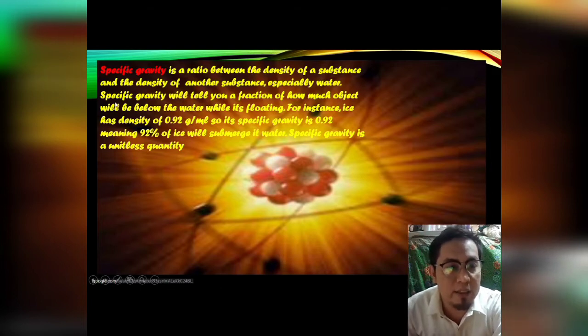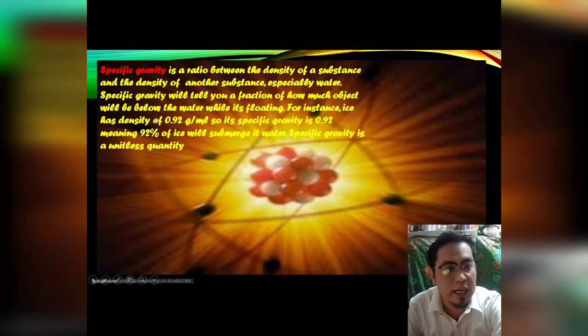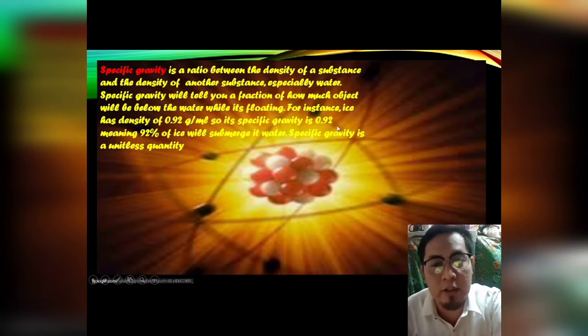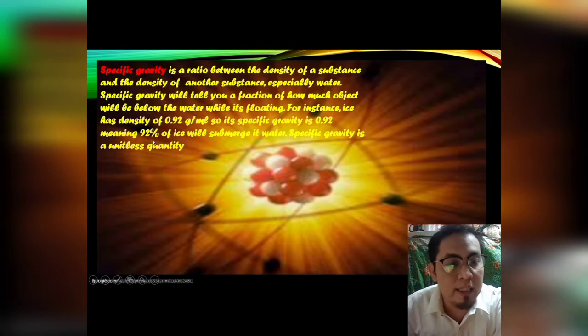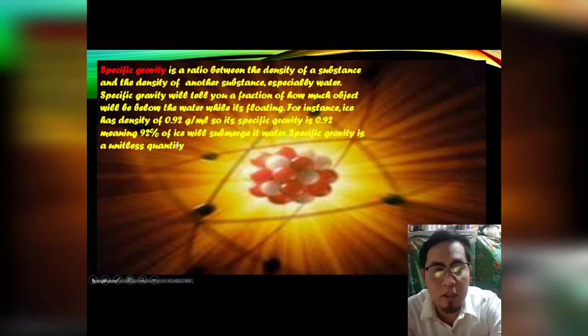Specific gravity will tell you a fraction of how much of an object will be below water while it's floating. For instance, ice has a density of 0.92 gram per milliliter. So its specific gravity is 0.92, meaning 92% of ice will submerge. Specific gravity is unitless in quantity.